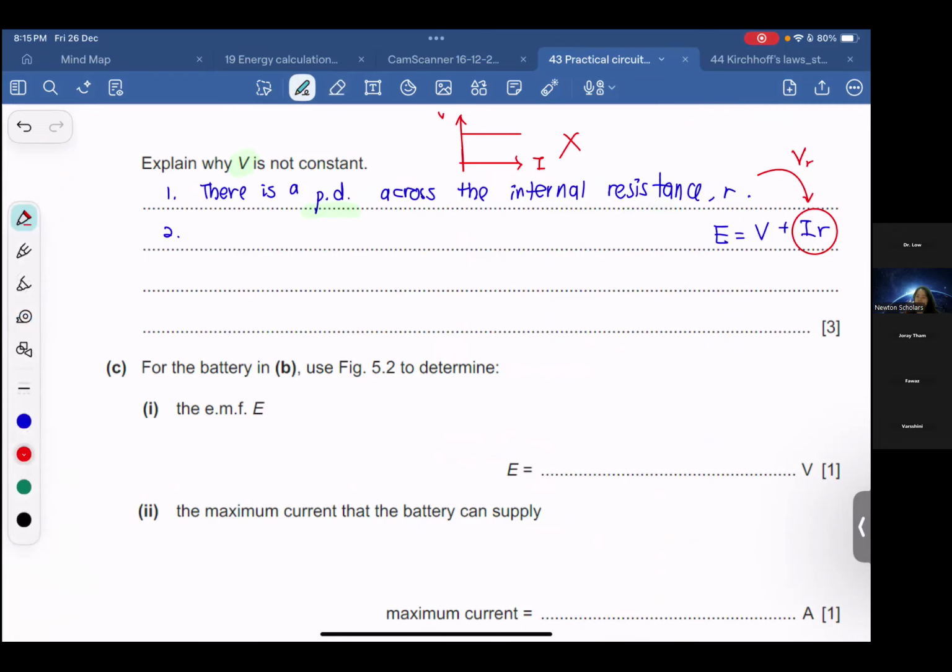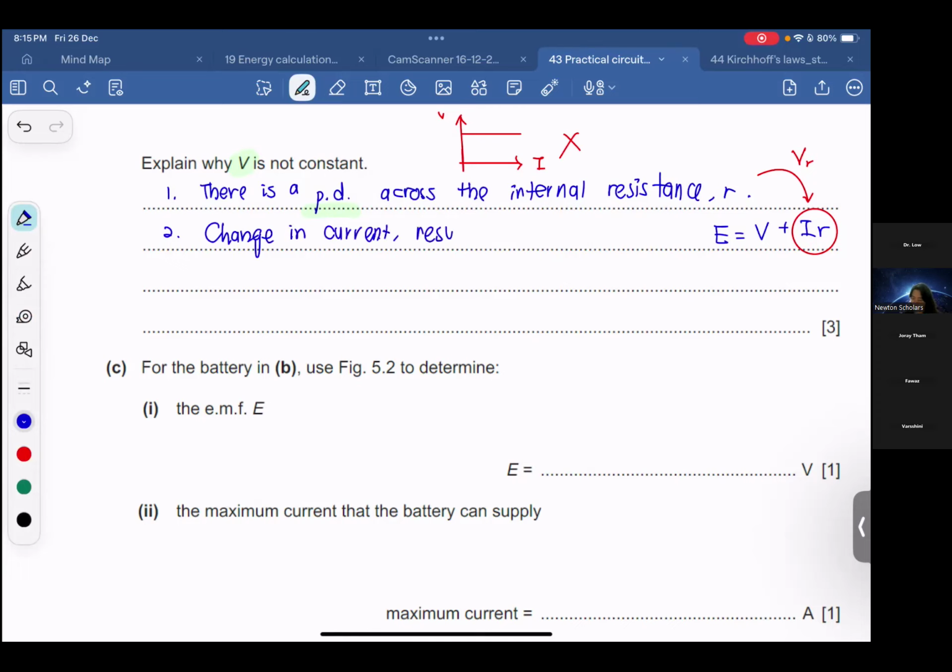So when there is a change in current, of course the internal resistance voltage also changes. So here we write change in current.